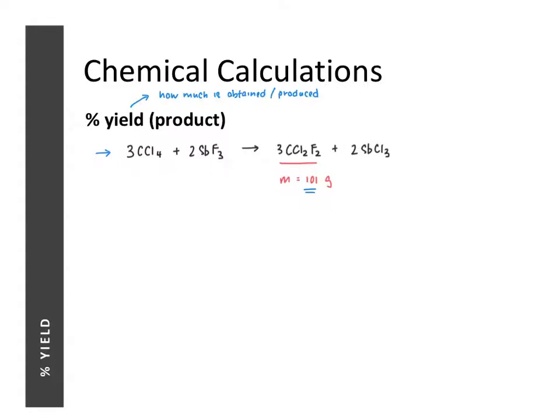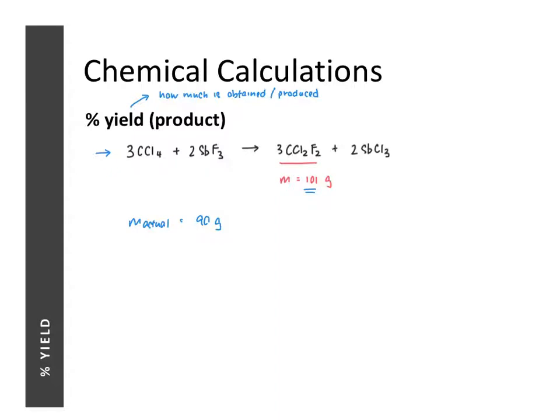Now if we were to perform this reaction in real life, the mass of the product that we get may not be 101 grams. It may only be, let's say, 90 grams. Why is that so?